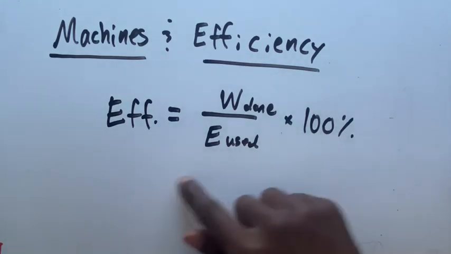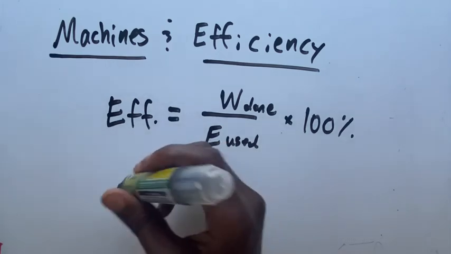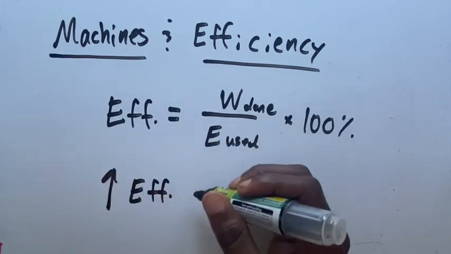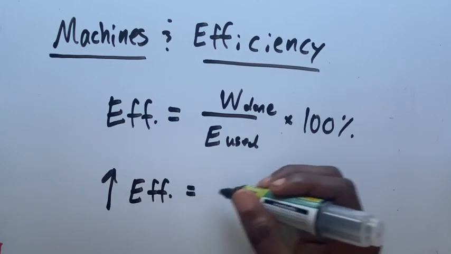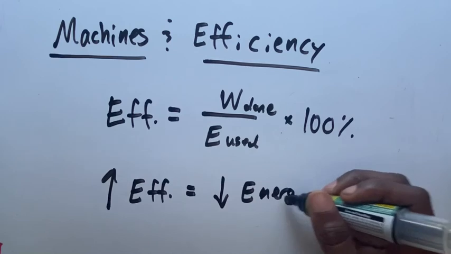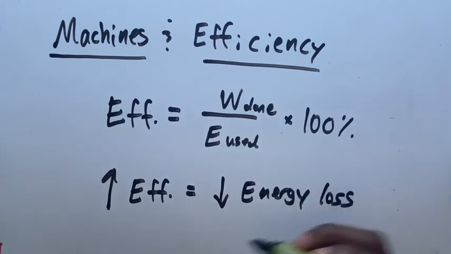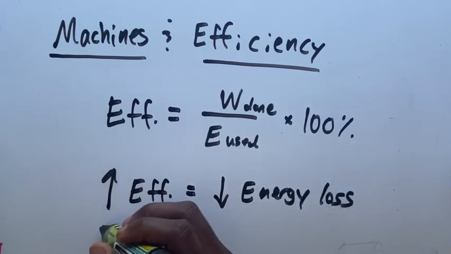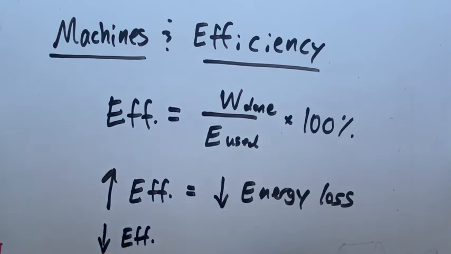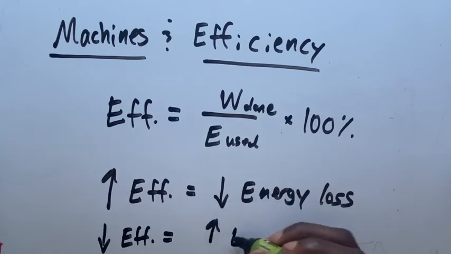The higher the efficiency, the less energy loss. And the lower the efficiency, the more energy loss.